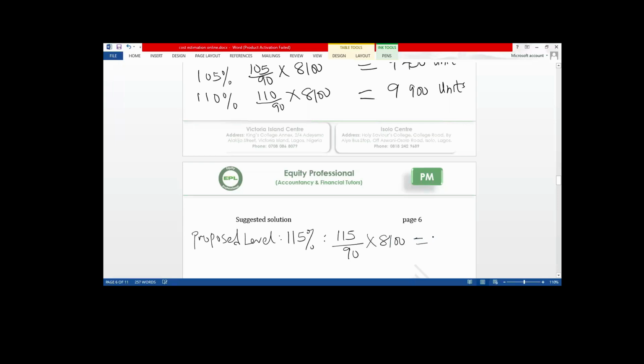That will give us how much? 10,350. 10,000, 350 units. Thank you for that. Now step 2: test for cost behavior.